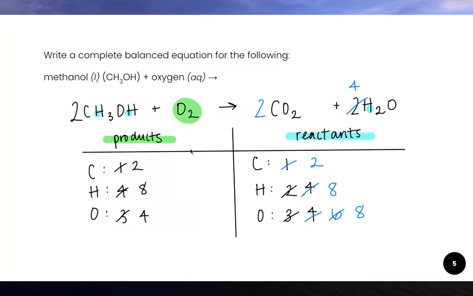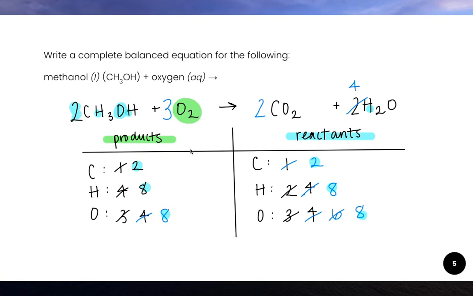There are 2 of them right there and 2 of them here. So let's add a 3. And that will change this to 8. All right. So that is the balanced equation.